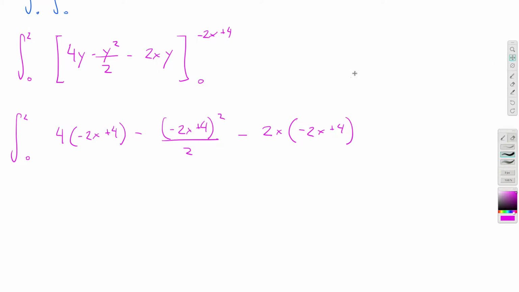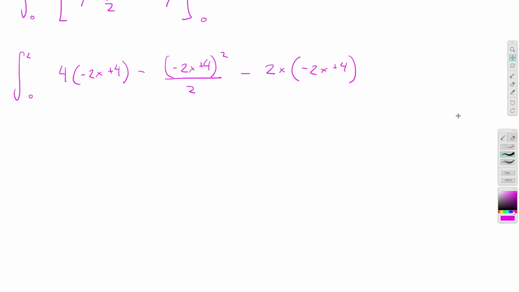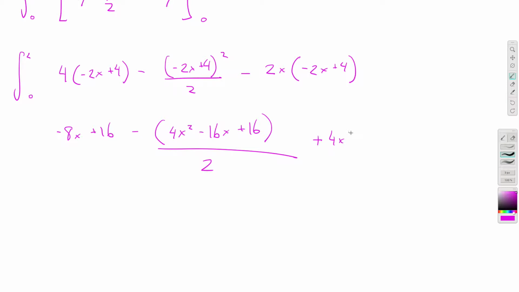And you don't have to worry about putting that 0 in because you're just going to get 0 out. So this is going to give us negative 8x plus 16 minus 4x squared, 2 times 8, 2 times 4 is 8, times 2 is negative 16x plus 16 over 2, minus plus 4x squared minus 8x.